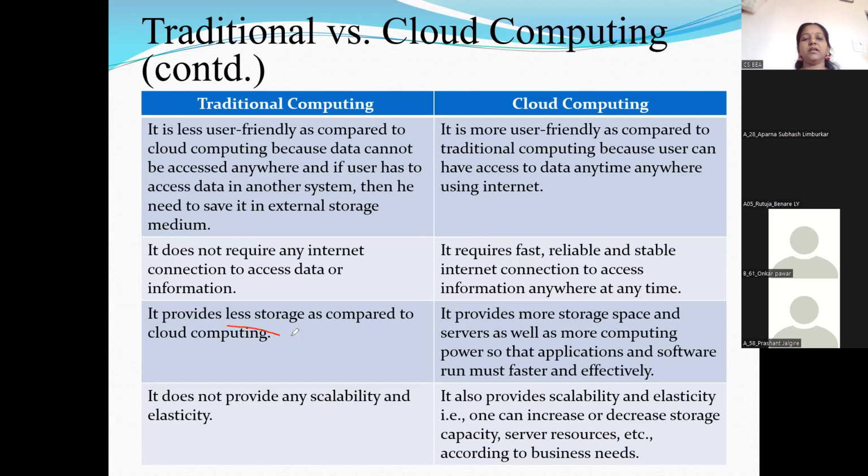Then traditional has less storage as compared to cloud, but cloud provides more and more storage space and servers. In the case of traditional, it does not provide any scalability and elasticity, but in the case of cloud, it provides both scalability and elasticity. That is, one can increase or decrease the storage capacity.